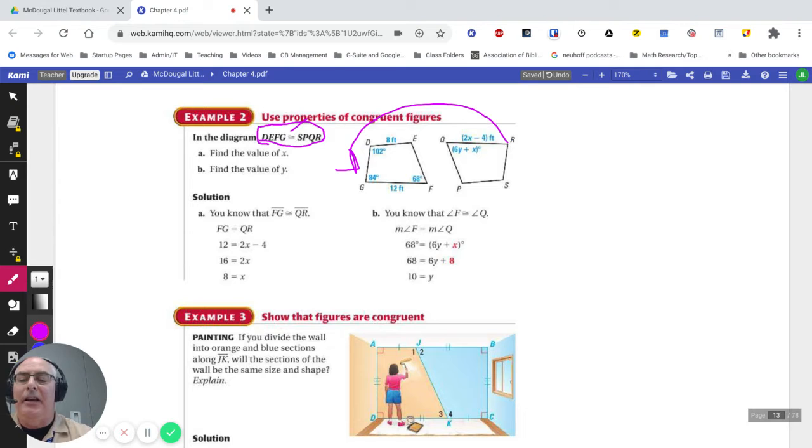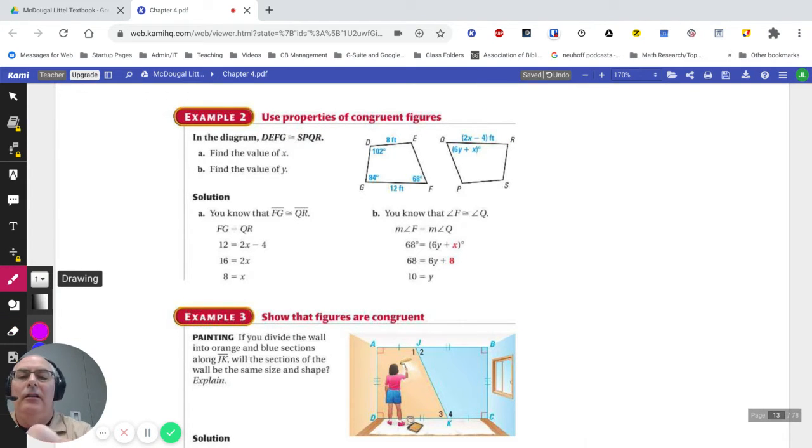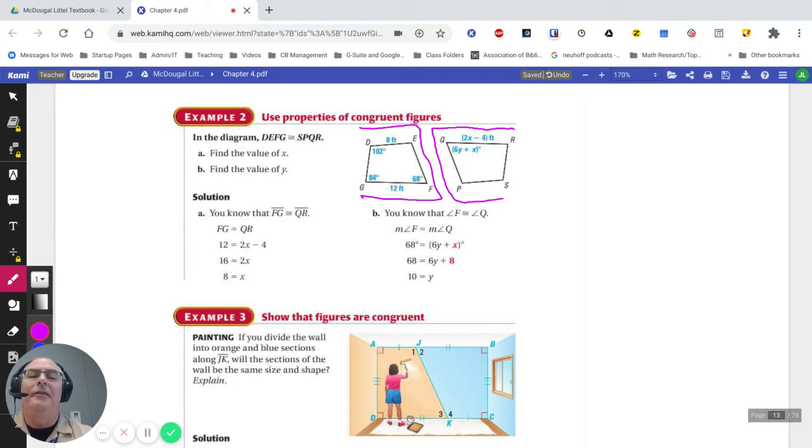One thing I can do is look at how the figures are drawn. Here I see it's D to E to F to G, and in the second one it's S to P to Q to R. That information tells me something.